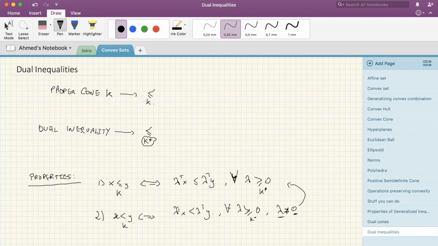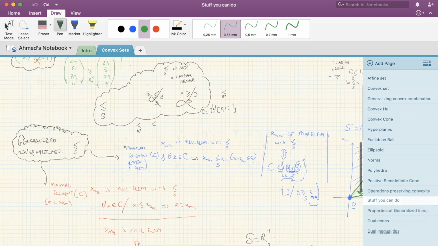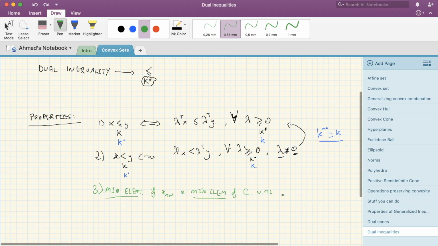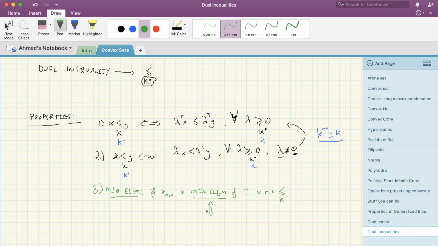So you can replace this K by K star and this K star by K. So the minimum element that we talked about previously: if X min is a minimum element of a set C with respect to the inequality on K, this statement is equivalent to saying that X min is the unique minimizer of lambda transpose Z for all lambda positive with respect to the dual.